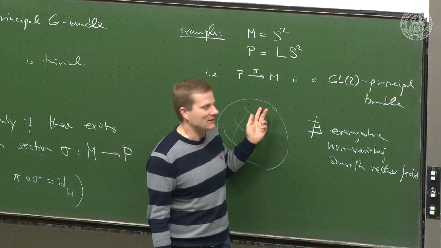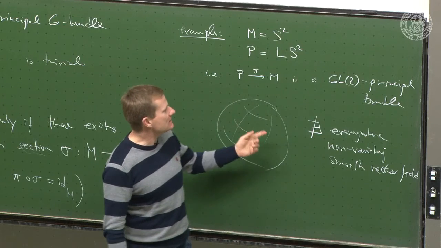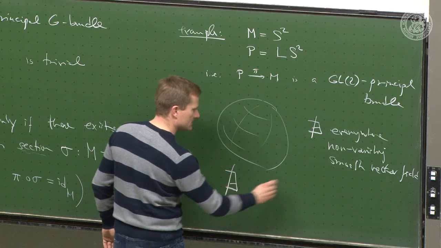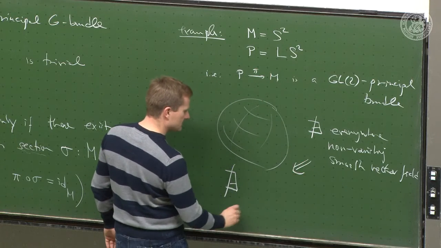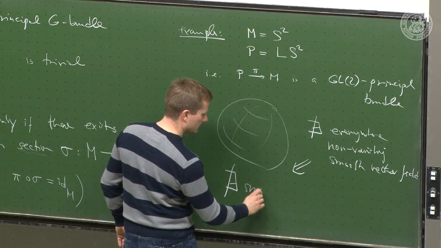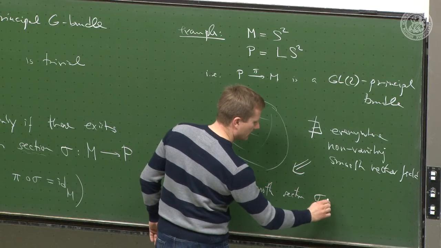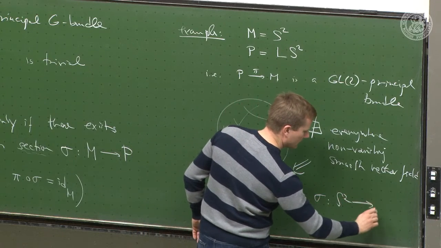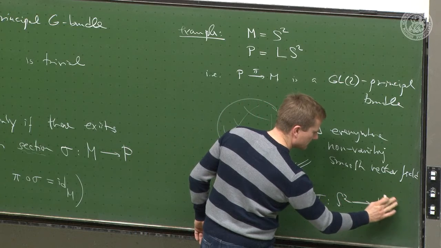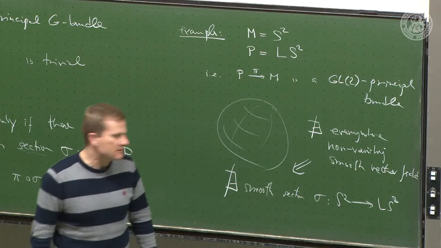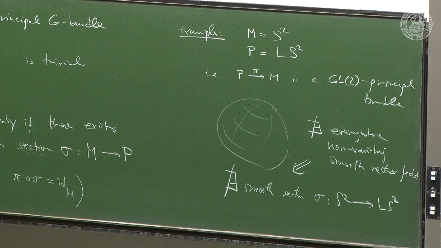So that means there is no section. From this it follows, there exists no smooth section sigma that would assign to every point of the two-sphere a point in the frame bundle.